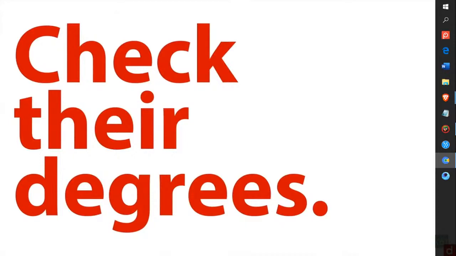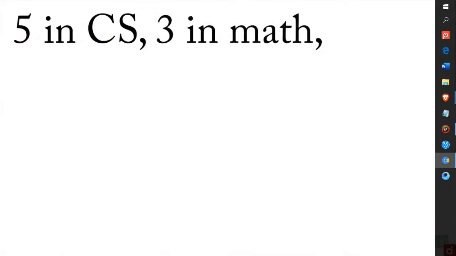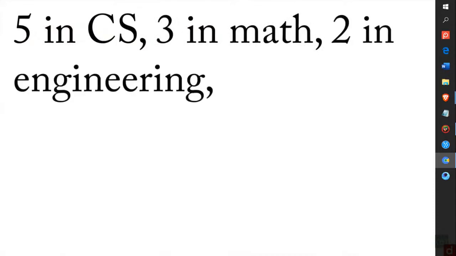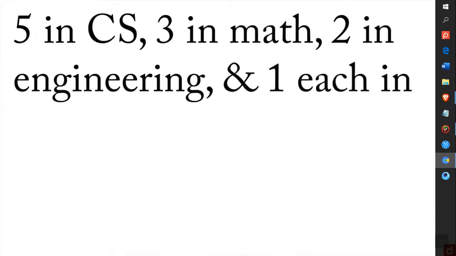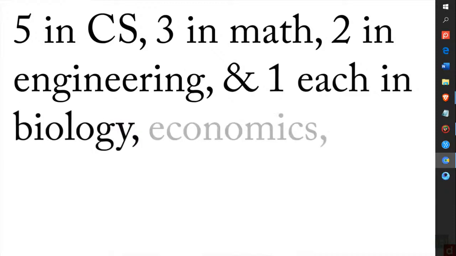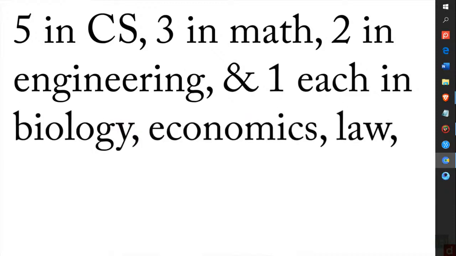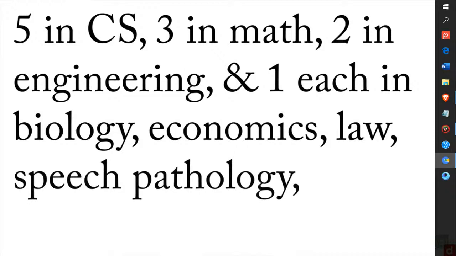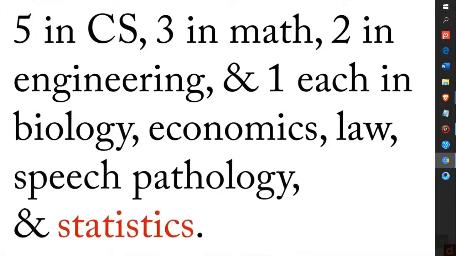If we take all the people on this list, we have 5 degrees in computer science, 3 in math, 2 in engineering, and 1 each in biology, economics, law, speech pathology, and 1 in statistics. That tells us, of course, that these major people in data science are not trained as statisticians. Only one of them has formal training in that.